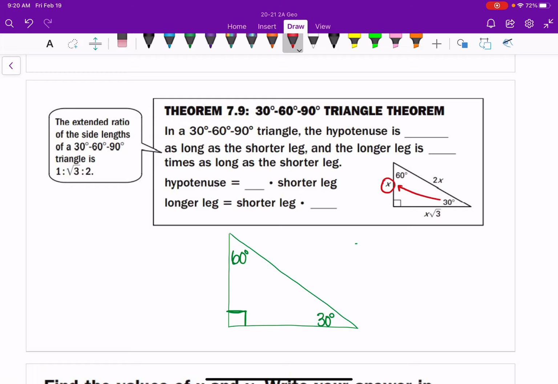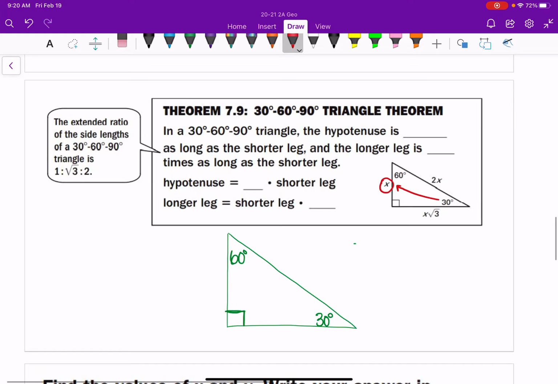And then there's a relationship between our small side and the other two. The hypotenuse is 2 times as long as the shorter leg. So for the hypotenuse, if we take the small leg and multiply it by 2, we'll get that side.